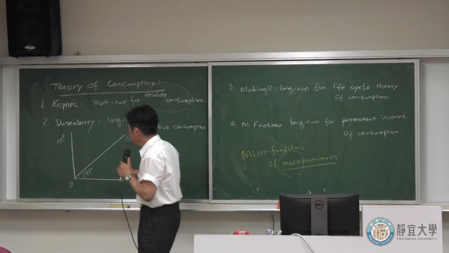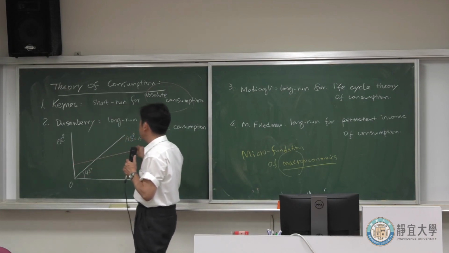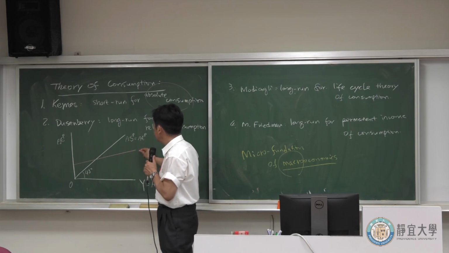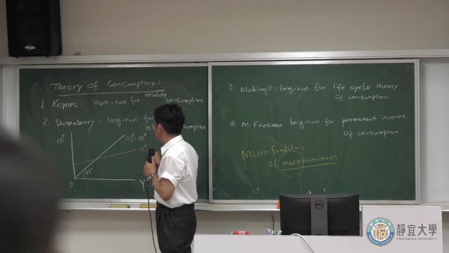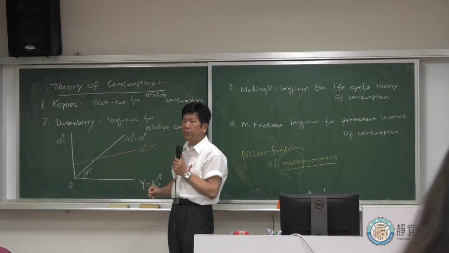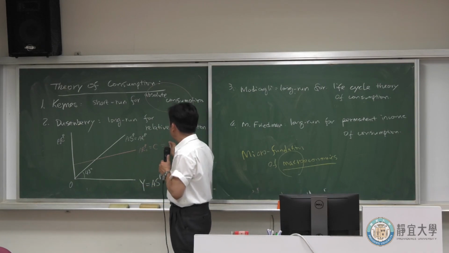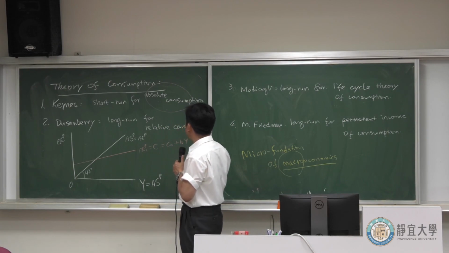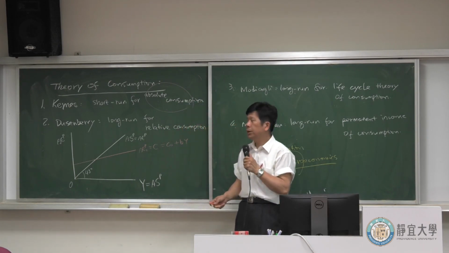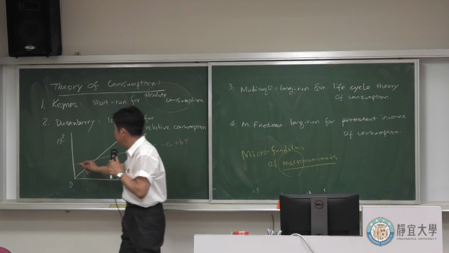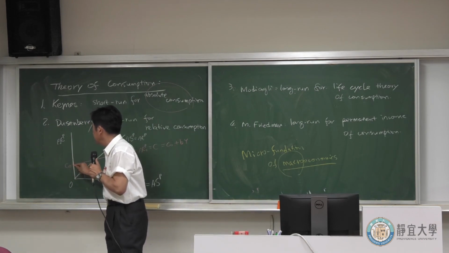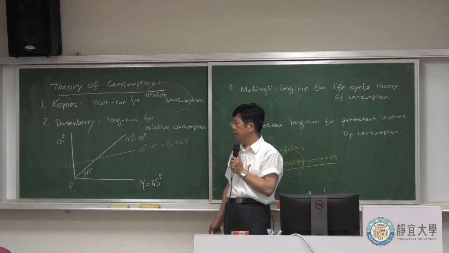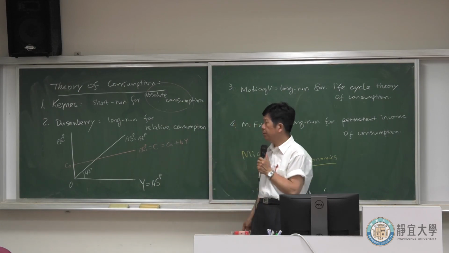AEP1 equals consumption, which equals C0 plus B1Y. C0 is the autonomous consumption.